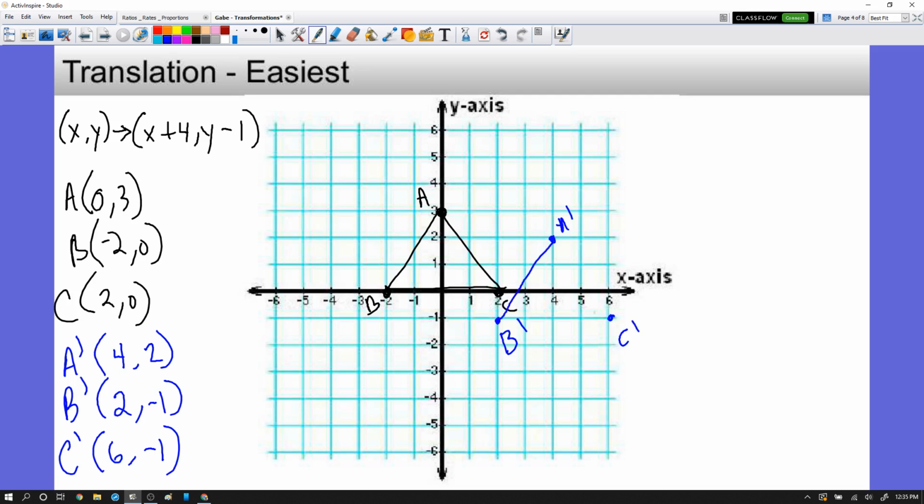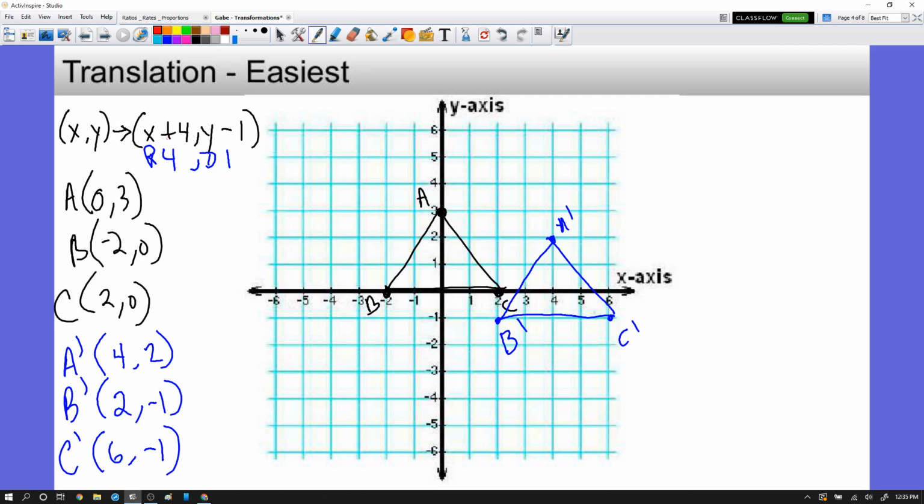So what we did was we moved right 4 and down 1. It helps, and the question will come up, what does x plus 4, y minus 1 mean? Well, it means that we're taking all the coordinates and moving them 4 to the right and 1 unit down. Here's how we can check that and just make sure that we're being thorough.